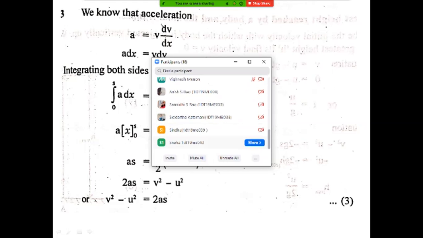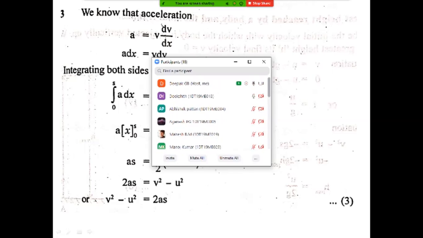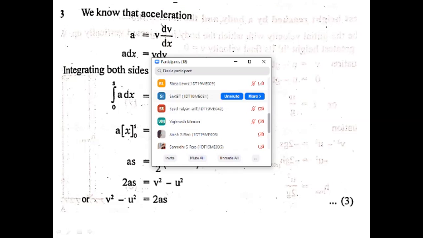Okay, we will move further. Can you reply? Hello, Shashank? Shashank? Are you there? Yes, sir. Is it clear up to here? Yes, sir. Okay, we will move further.